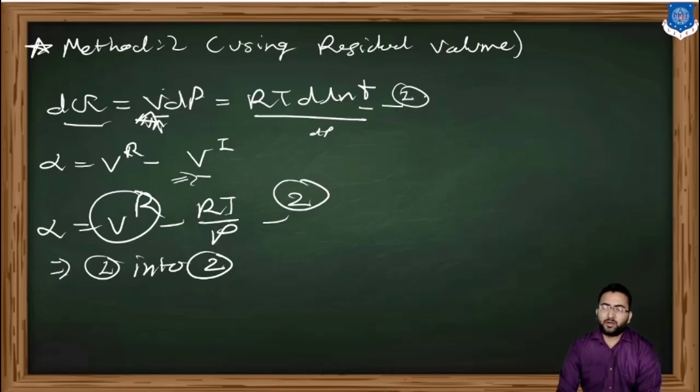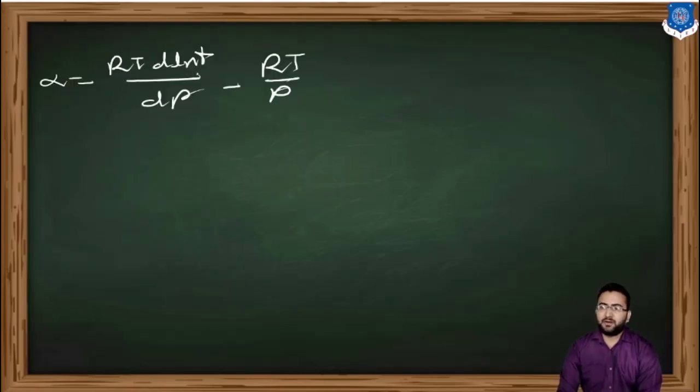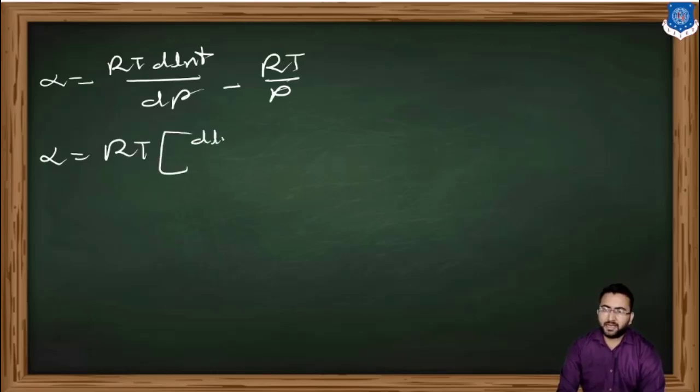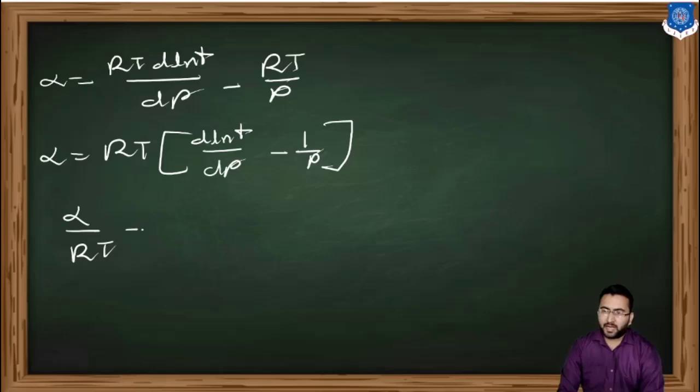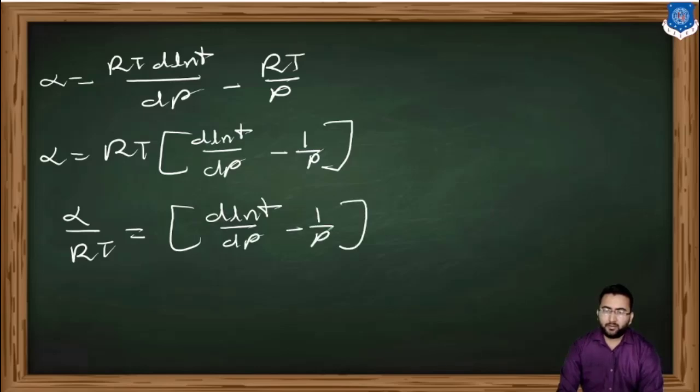Now taking RT common, the equation becomes alpha equals RT times (d ln f upon dP minus 1 upon P). Taking RT to this side, we get alpha upon RT is equal to d ln f upon dP minus 1 upon P.